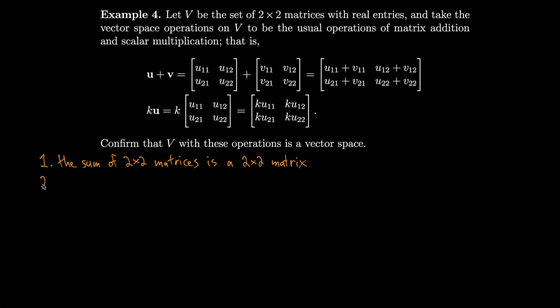Can't end up with a 3x3 if you're just adding 2x2s. So then for number 2, that's the commutative property. We have a theorem, 1.4.1 part A, that told us that adding matrices is commutative. We have the same theorem but part B for associativity.